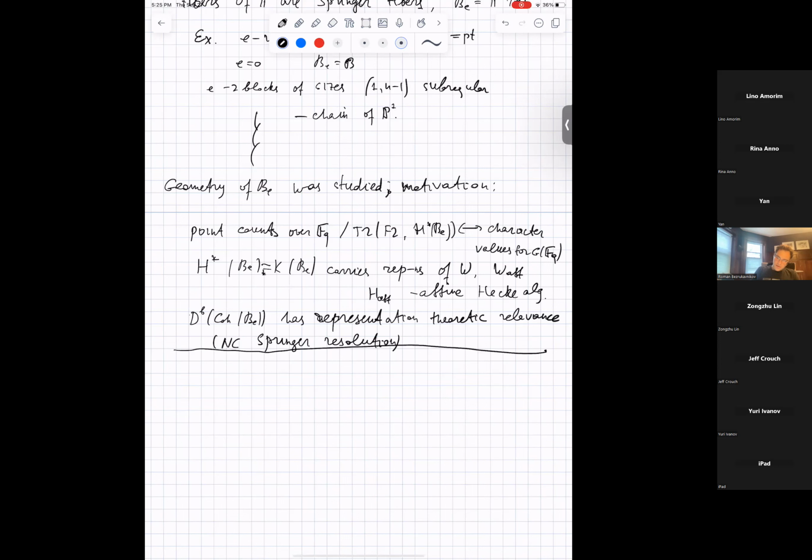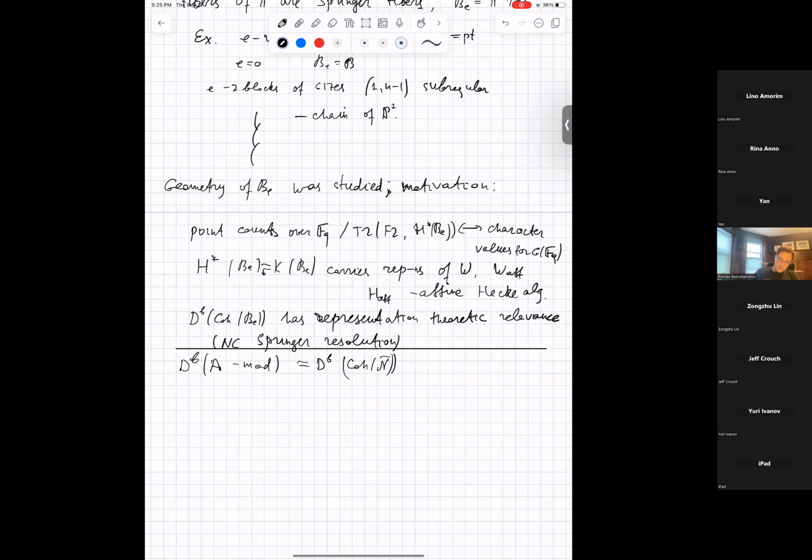Okay. Roman, in this case, the D^b coh on B_e, that Springer resolution, you're resolving the closure of the orbit. That is right. So I wasn't very precise. What I mean is that the non-commutative Springer resolution is some algebra A, and so D^b of A-modules is D^b coh of N tilde.